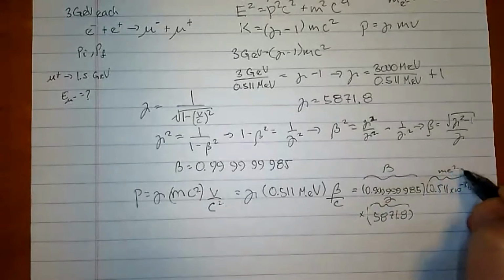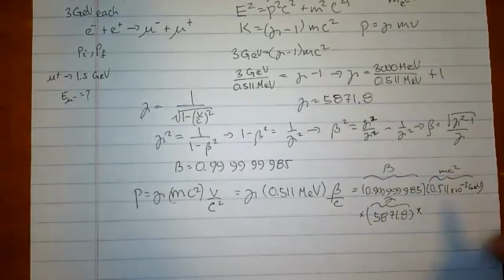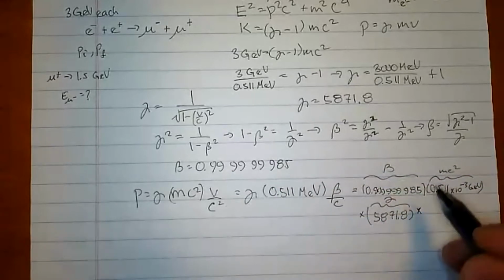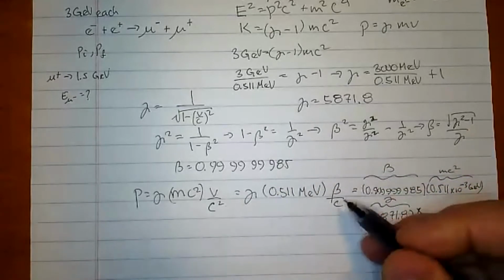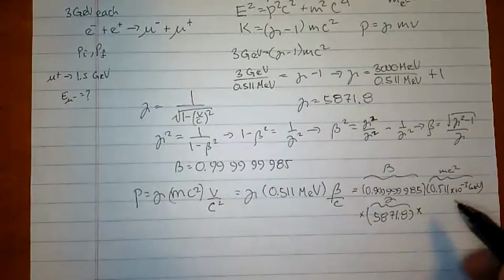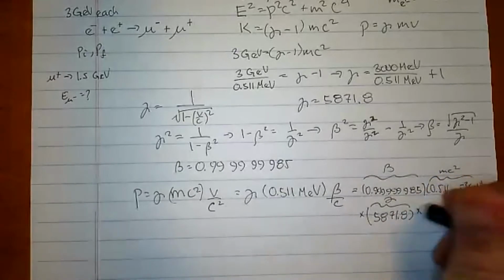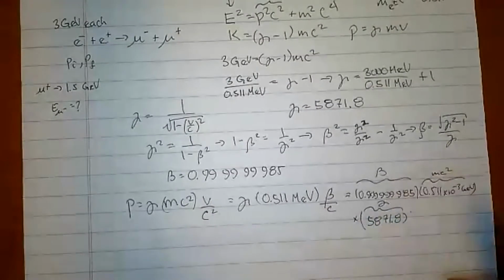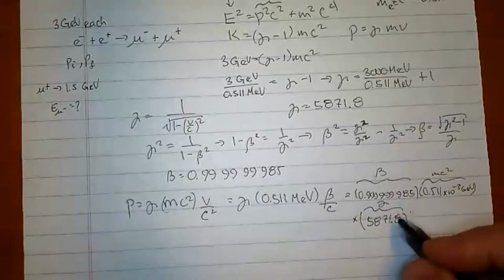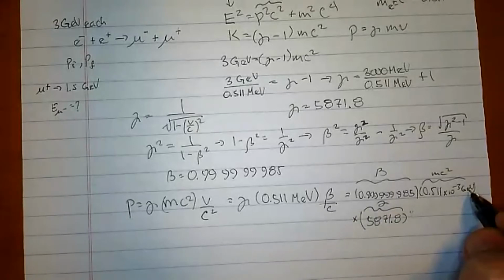This is mc squared. And now I need to multiply by what? I need basically beta over c. Normally I would want to divide that by c. So this right now is giving me units of gamma electron volts, but I want gamma electron volts per c.